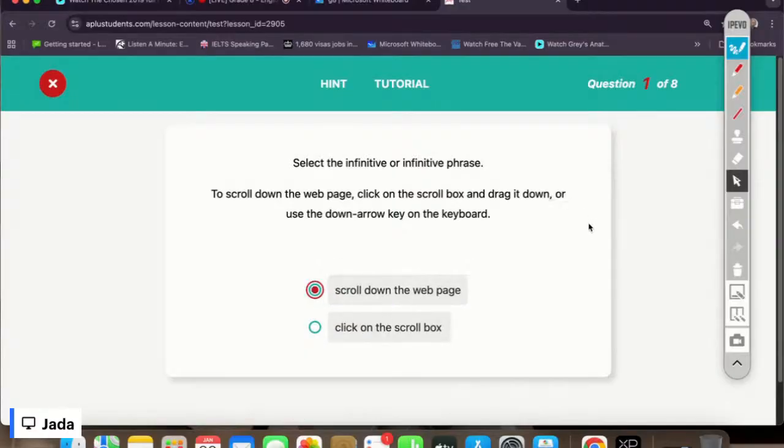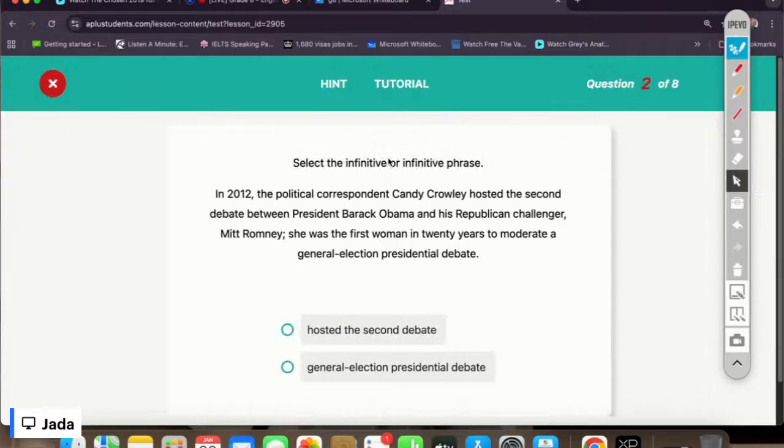Okay, so we have the first part. So what's the infinitive or infinitive phrase here? Is it the first or second?